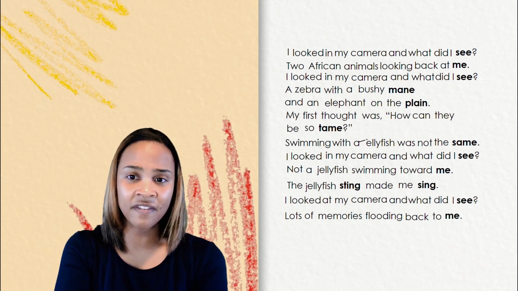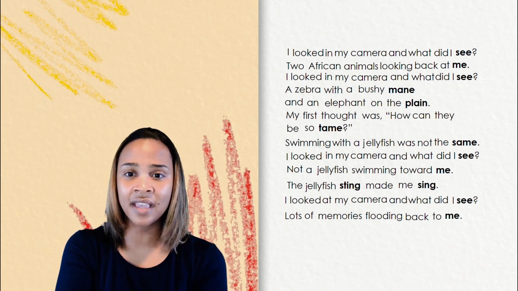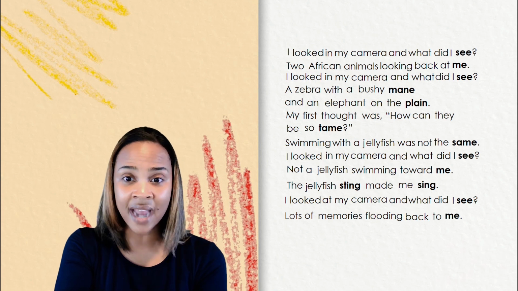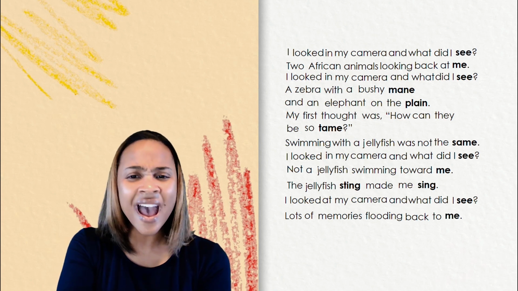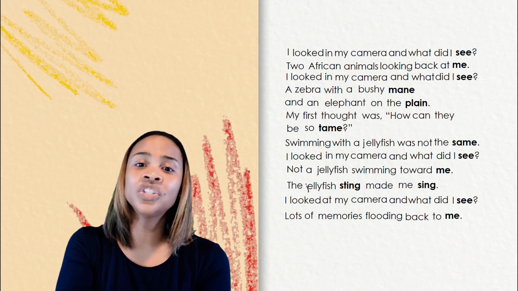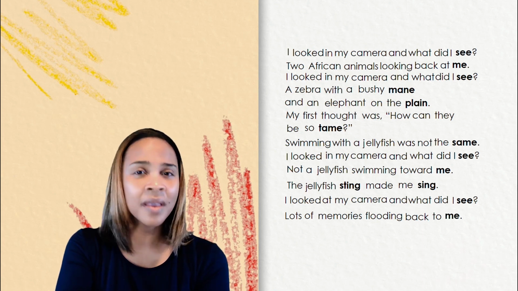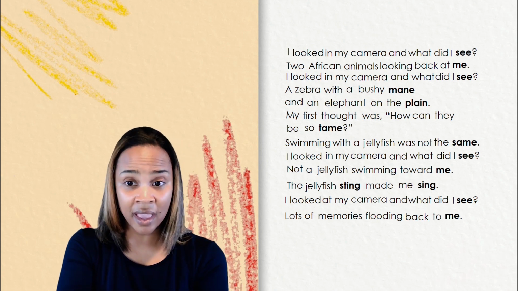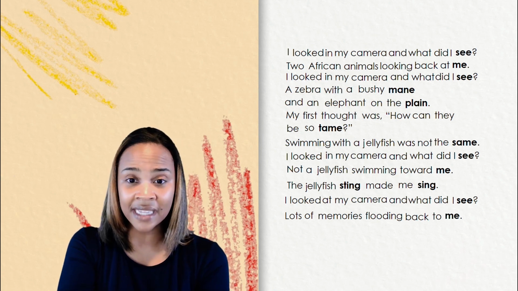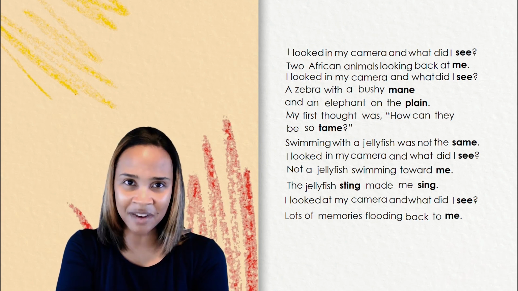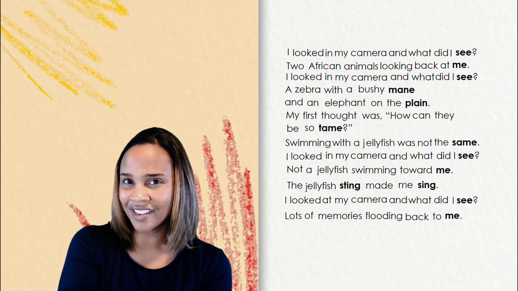Swimming with a jellyfish was not the same. I looked in my camera and what did I see? Not a jellyfish swimming toward me. The jellyfish sting made me sing. I looked at my camera and what did I see? Lots of memories flooding back to me.